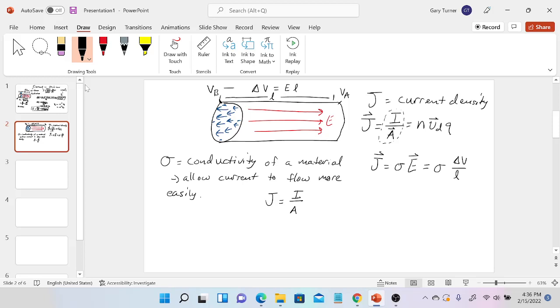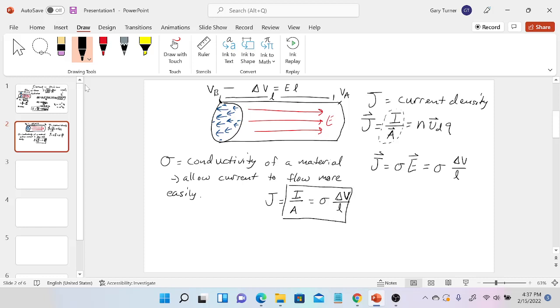I really should say cross-sectional area. That's a little more specific. And this is equal to your conductivity times the potential difference divided by the length of the wire that is in question.